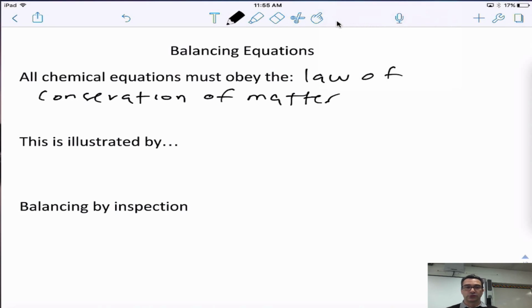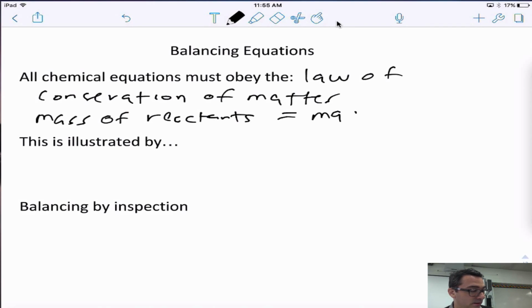So the law of conservation of matter says that the mass of the reactants must be equal to the mass of the products.